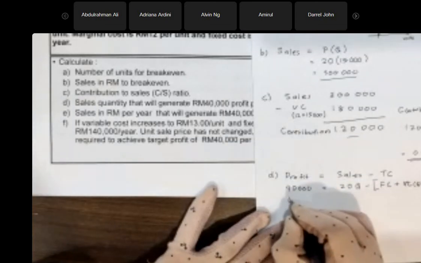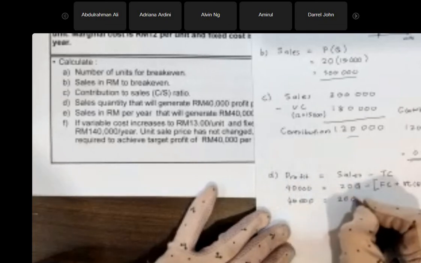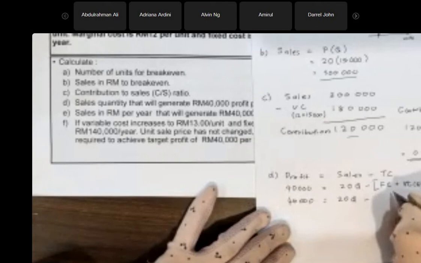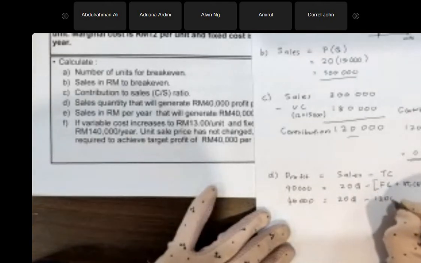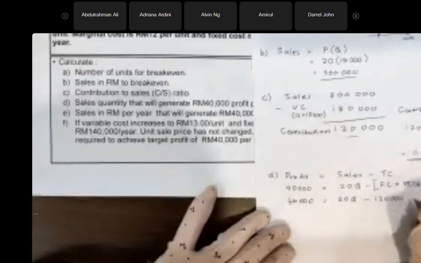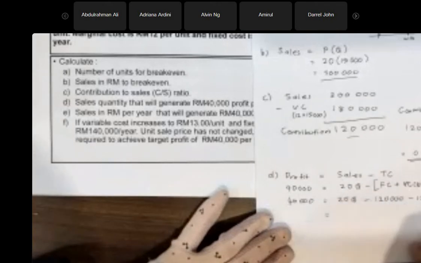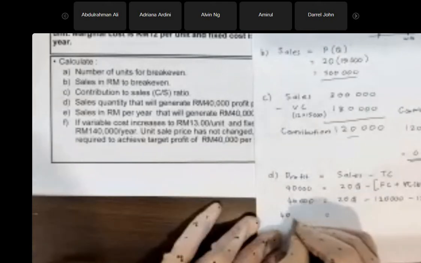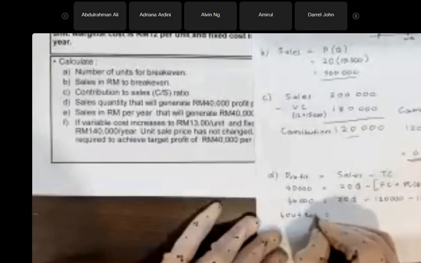So 40,000. Your fixed cost is what? 120, variable cost is 12. So you will get Q, 20 and 12.